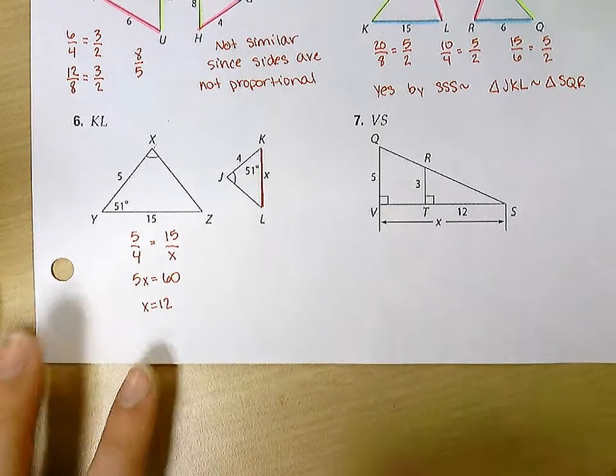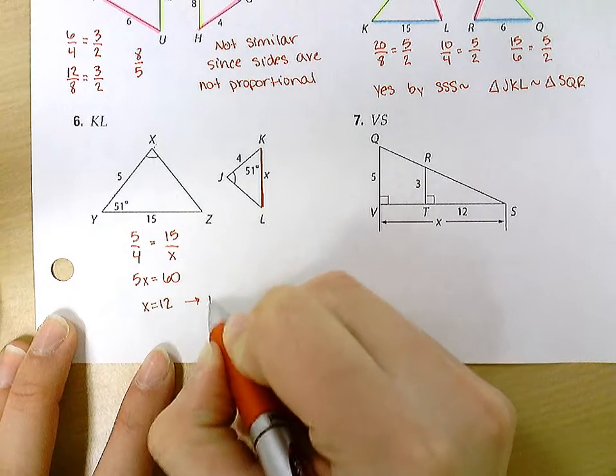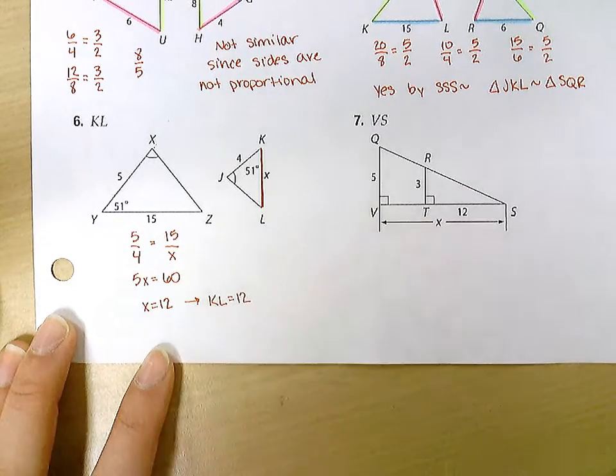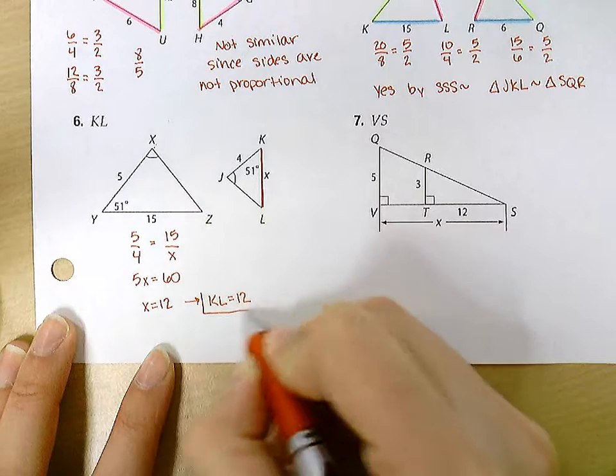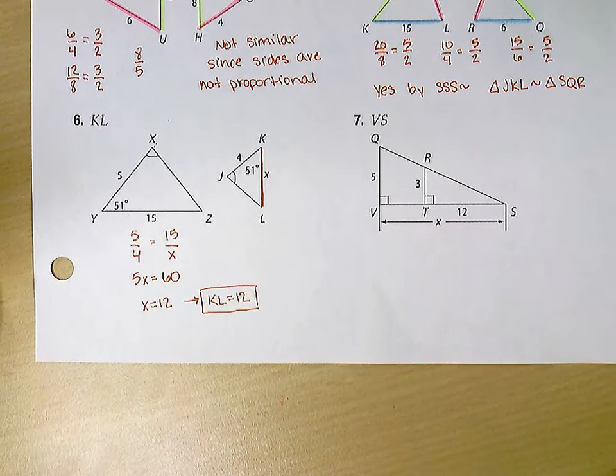I get x is equal to 12, meaning KL equals 12. Okay, so it's very similar to what you guys did yesterday. You're setting up that proportion of corresponding sides. Okay, so I was solving for KL. Wrong KL. Okay, questions on this first problem here?